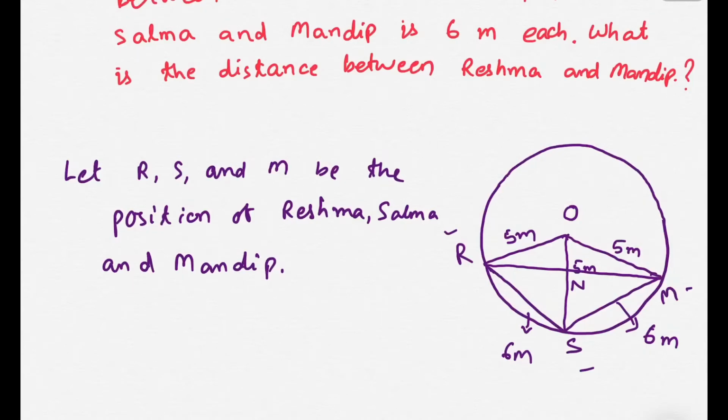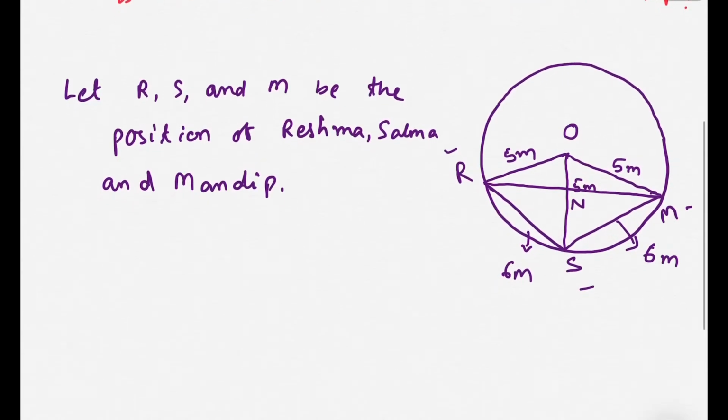We are given that distance between Resma and Salma is equal to distance between Salma and Mandeep, and that is equal to 6 meter.